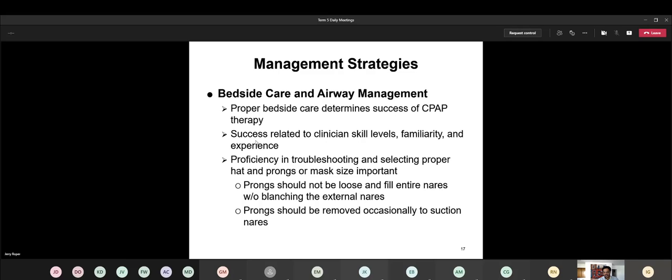All right, proper care, what does that really mean? That just means, again, you're doing your due diligence to make sure that everything is working and there are no skin problems and the patient is improving or maybe not improving, et cetera. So really it comes down to how familiar you are with your equipment. If you're working in a nursery, they're going to expect you to be proficient with all of the equipment.